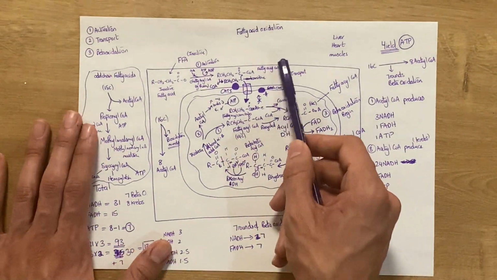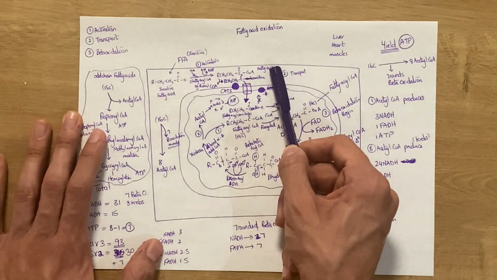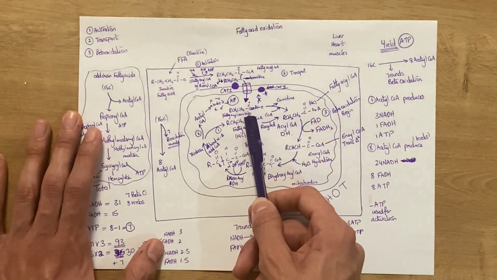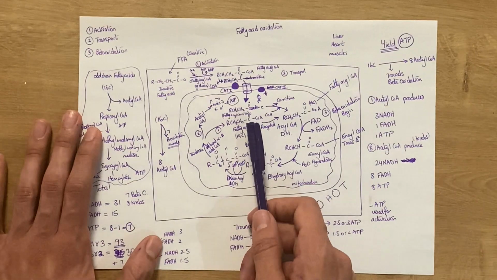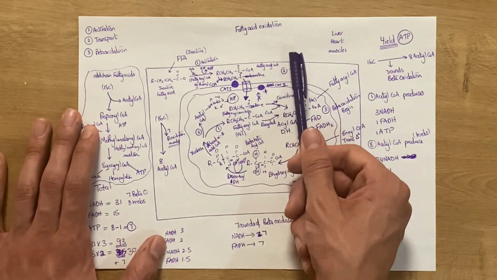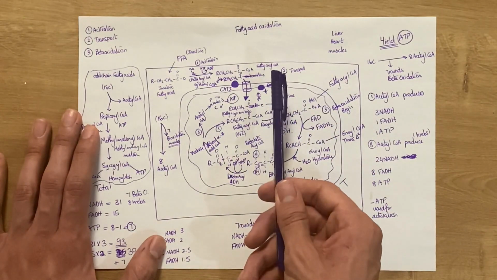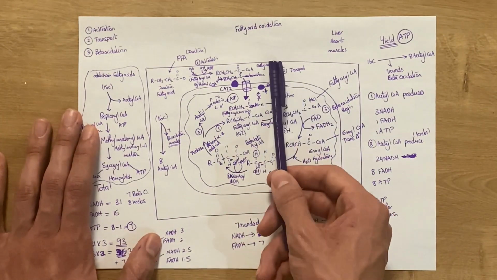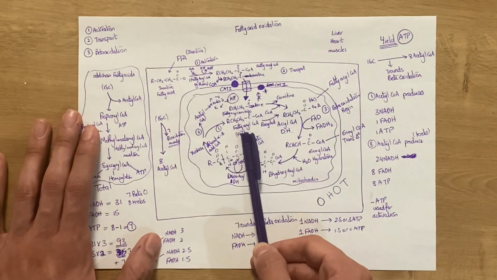Now, when fatty acyl CoA is produced, it cannot be transported into the mitochondria. So what the liver, or the body, does is convert it to a different form that can be transported into the mitochondria.